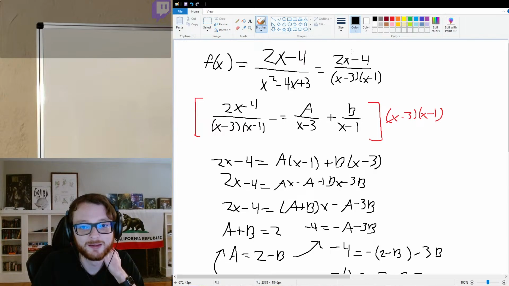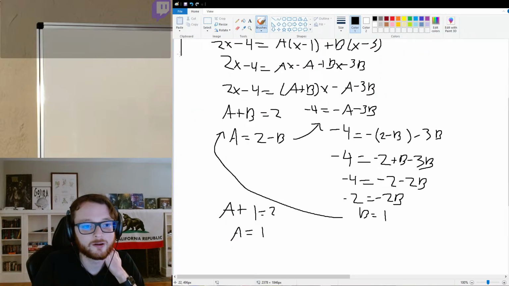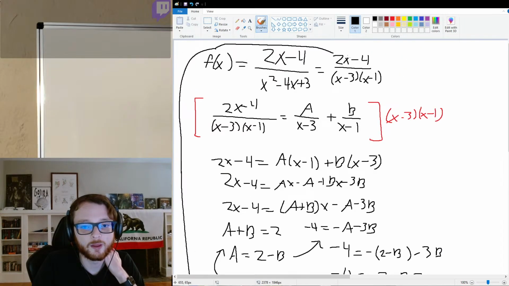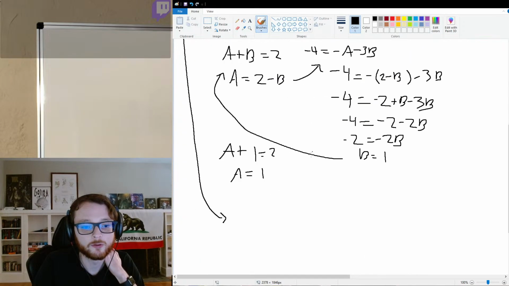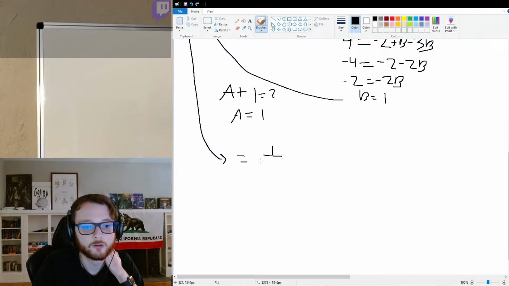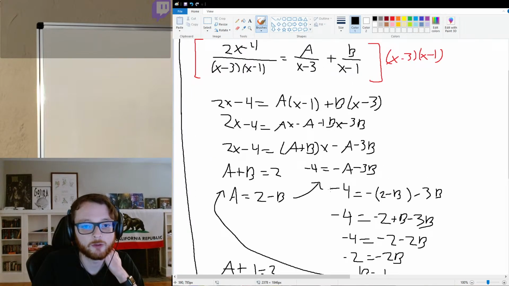So this thing is equal to this thing with A and B plugged in. A and B are both 1. So we get 1 over x minus 3 plus 1 over x minus 1.